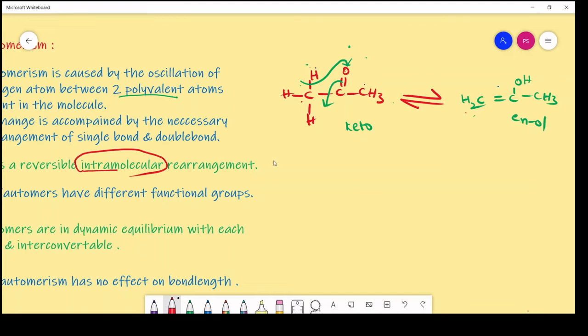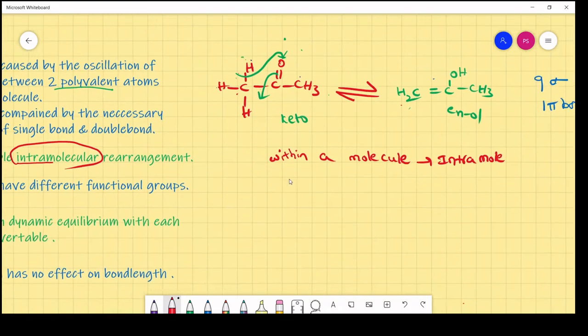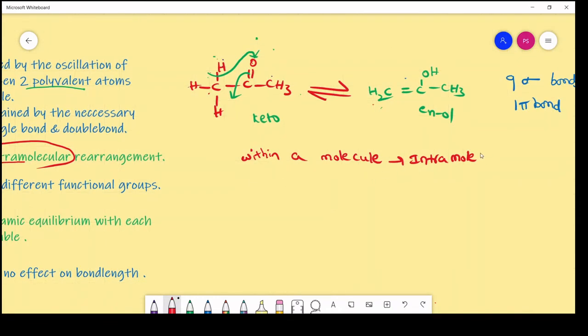Intramolecular means if the rearrangement takes place within a molecule, we call it an intramolecular rearrangement.